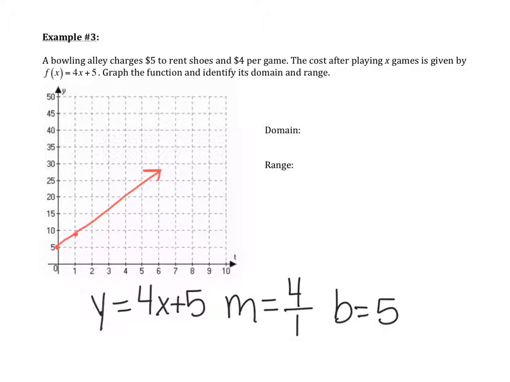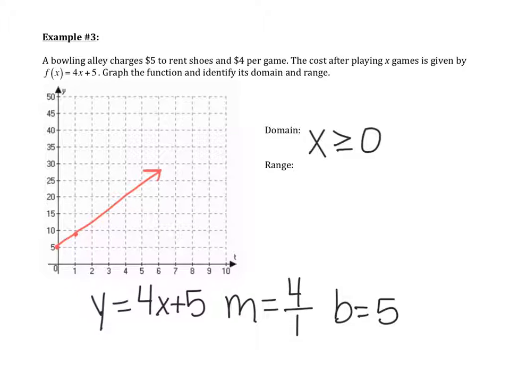Therefore, for my domain, which represents the possible x values, I would start at 0 and go on forever. So I would say x is greater than or equal to 0, because again, I could play 0 games or an unlimited amount of games. It started at 0, that's why it was equal to 0, and then greater than 0, because I could play as many games as I want.